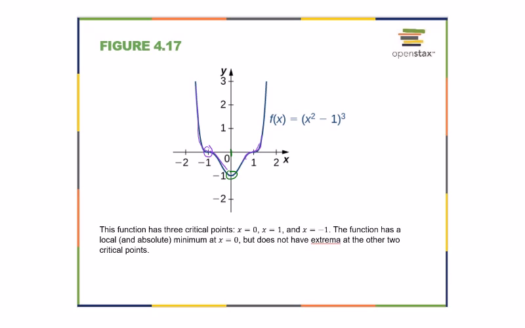Okay, all right, so we just have one local minimum, and it's actually an absolute minimum as well, right? Because this is the lowest that the function ever goes, right? And so that's the local and absolute minimum, and that happens at x equals 0.